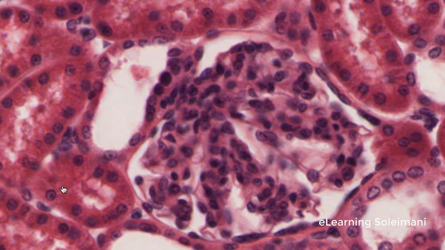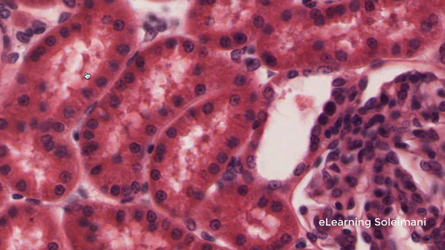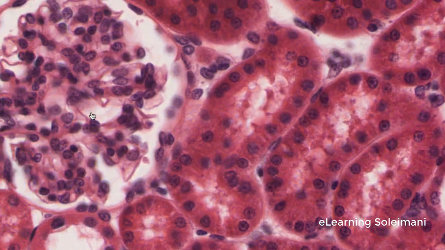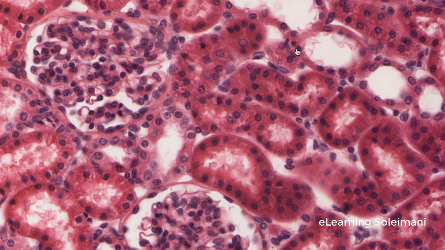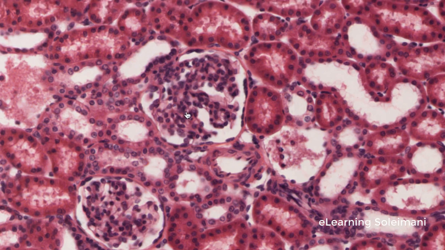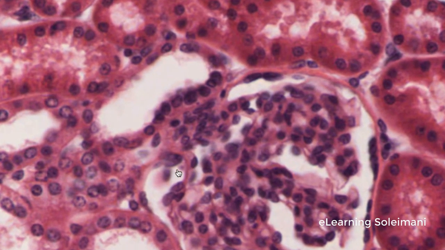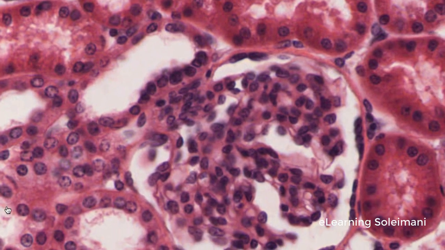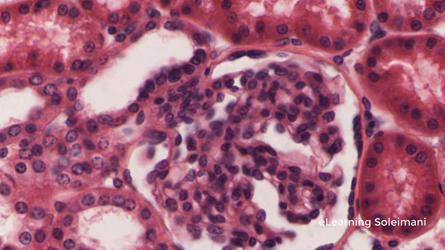Macula densa is a thickened region of the distal convoluted tubule. It is characterized by apical nuclei and tightly packed columnar cells.